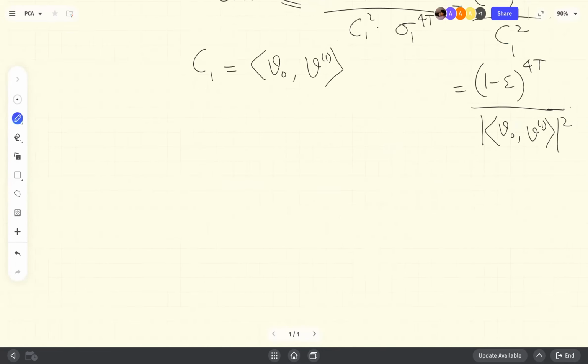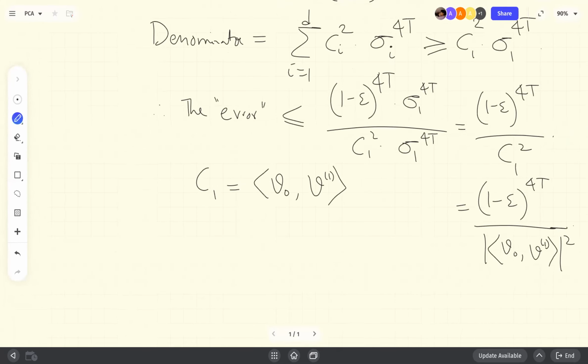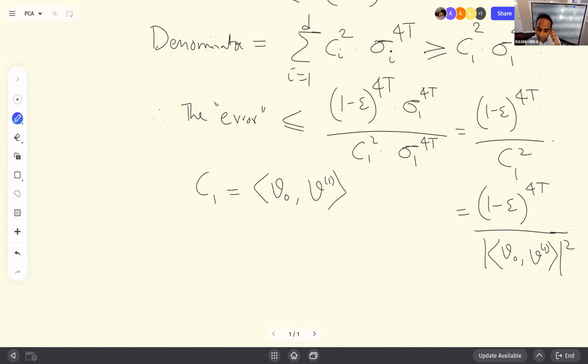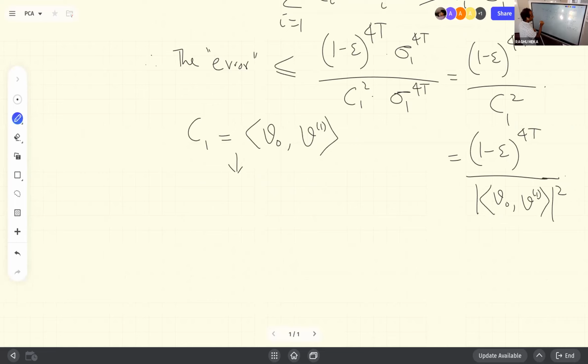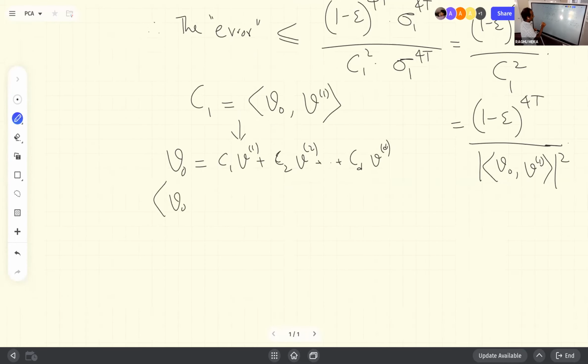Wait, how did you calculate C1 again? Like how do you know C1 is the dot product? Oh, okay. Let's go back to what C1 was. We wrote V0 in the basis of the singular vectors, and this is an orthonormal basis. So if I take the inner product of V0 and V1, what happens?